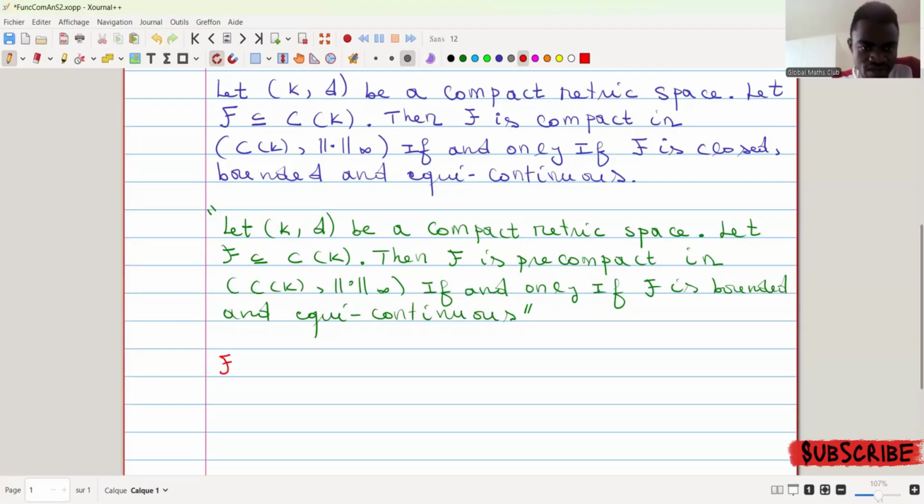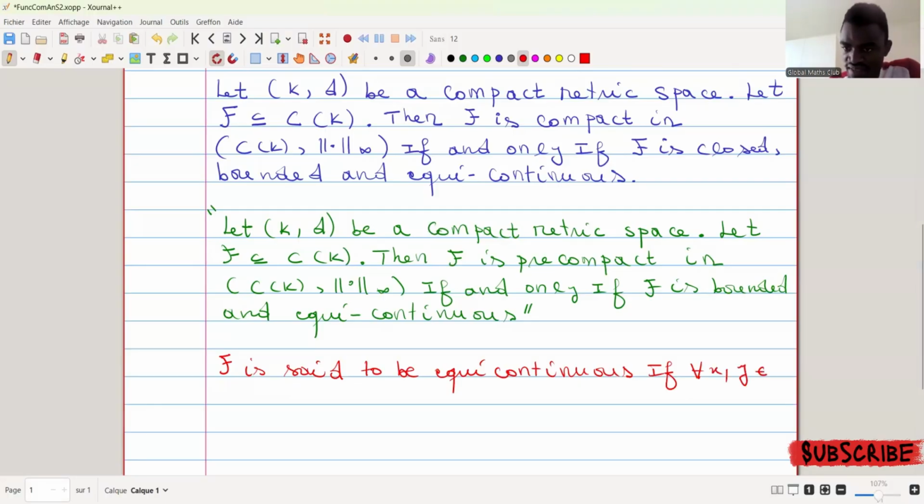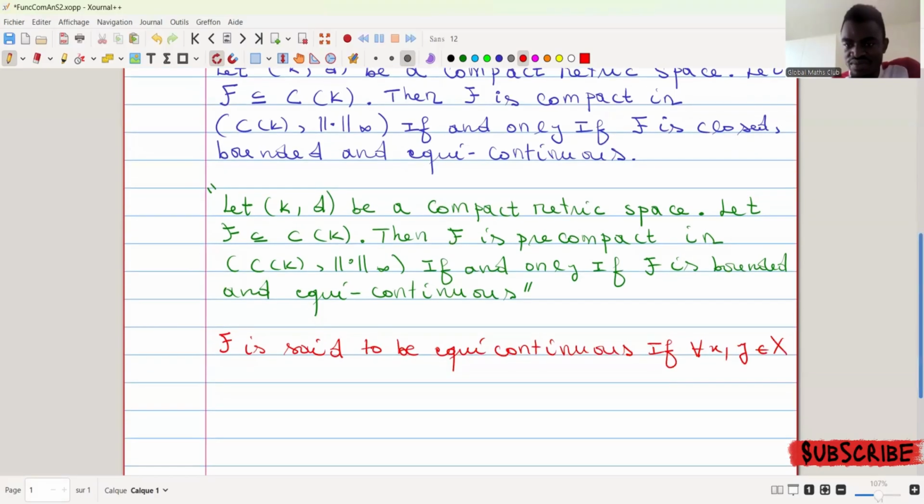A family of functions F is said to be equicontinuous if, for all x and y in X. Normally I was supposed to define two metric spaces before saying this, but I'm going to give it after this definition.